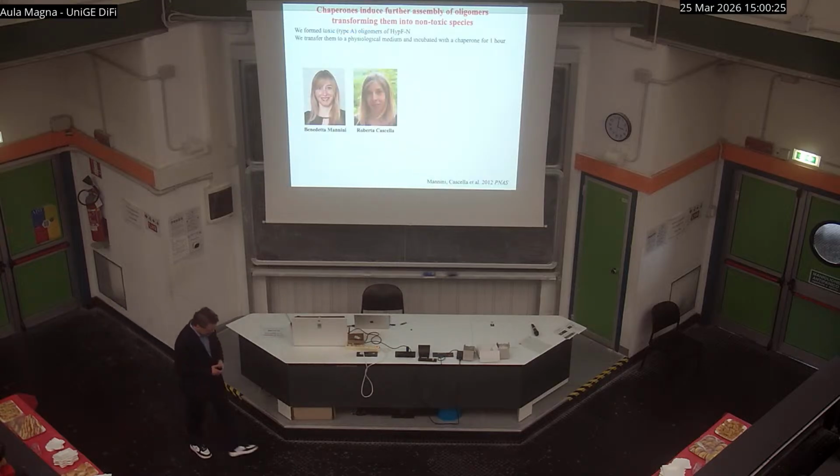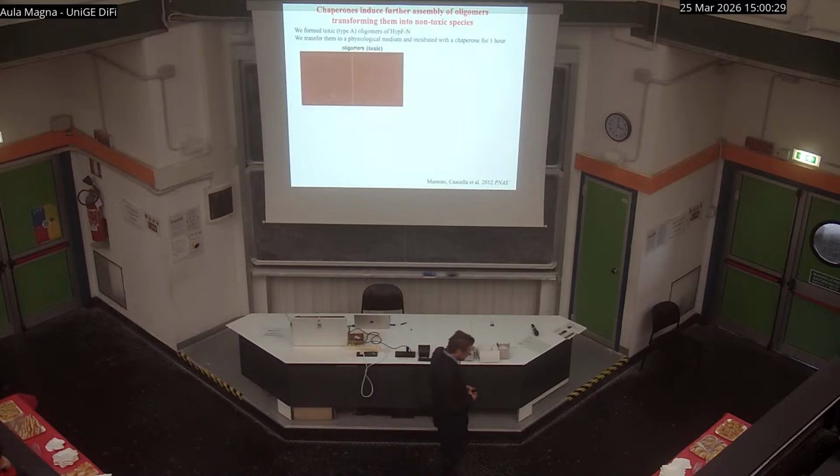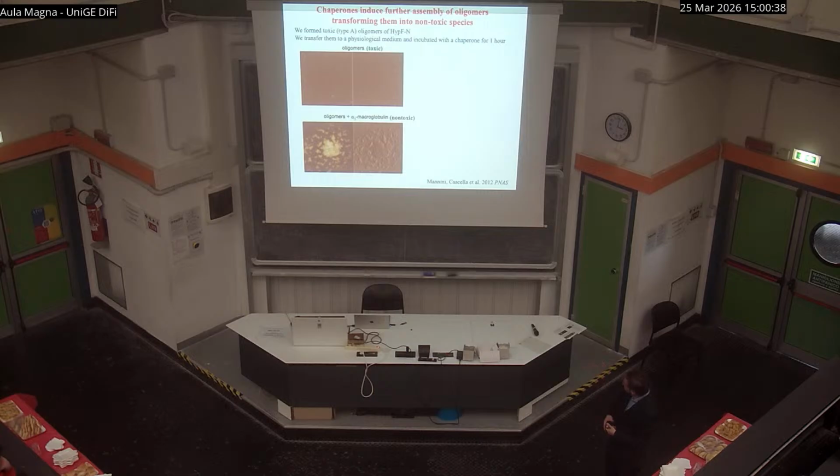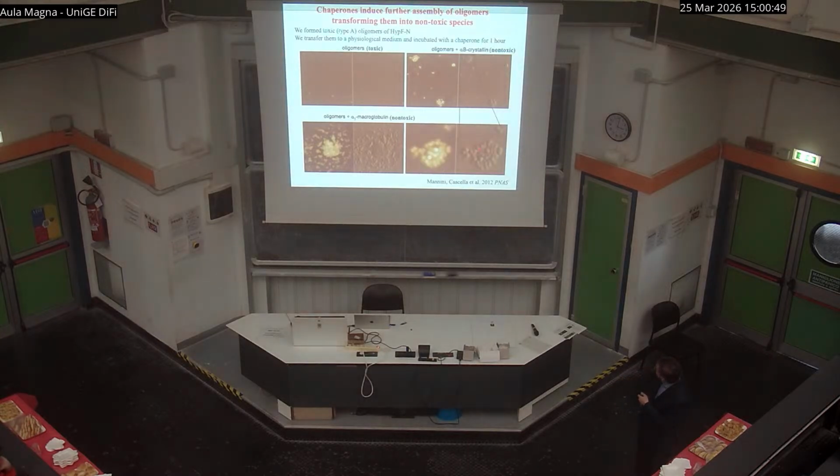Another determinant was found with size, because in this case we used chaperones to treat oligomers. This is again a picture from Annalisa of the oligomers in the absence of chaperones. When you add chaperones, the oligomers cluster together. If you add alpha B crystallin, which is another chaperone, they cluster together. Actually, if you have a high magnification, you have the impression that you have a clustering of the oligomers.